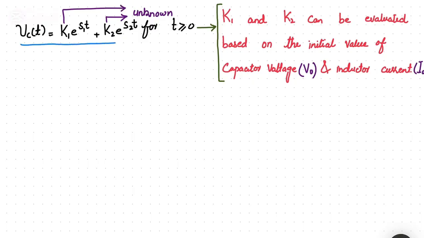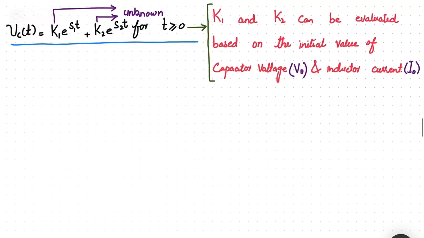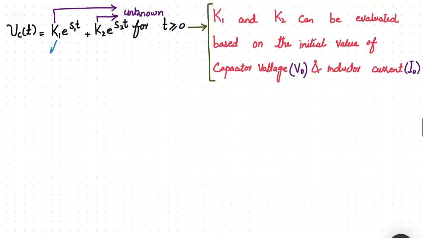This is the general solution of the second order homogeneous linear differential equation, where k1 and k2 are unknown. These two are unknown, and k1 and k2 can be evaluated based on the initial value of capacitor voltage V0 and inductor current I0. How do we calculate? In order to calculate, let's evaluate Vc of t at t is equal to 0.